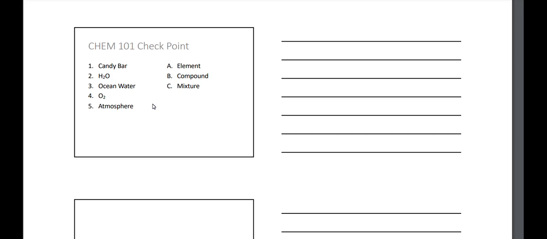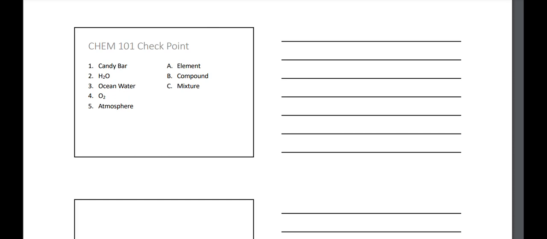Okay, let's put everything that we just talked about into real examples. Here on the left side, you have candy bar, H2O, ocean water, oxygen, and the atmosphere. And on the right side, you have different classifications of matter: element, compound, or mixture. First, let's do the candy bar. Would I be able to describe this by a single chemical formula?